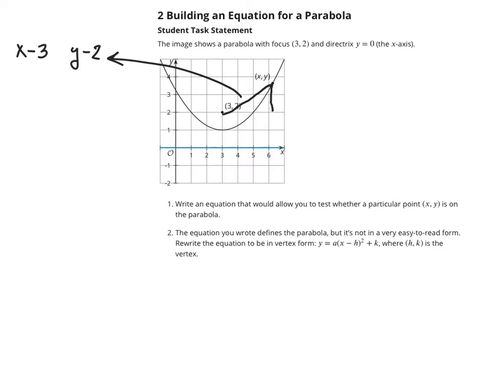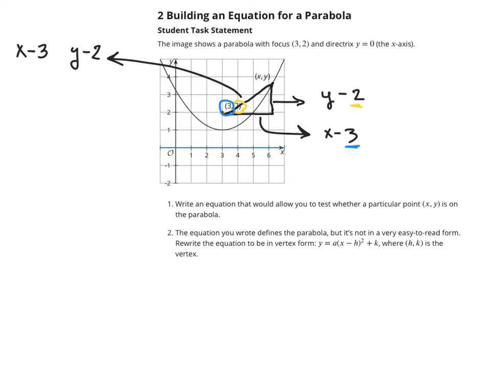When we were working with the Pythagorean theorem in the last lesson, we said that this leg of the triangle's length is y minus 2. And this leg's length is x minus 3.